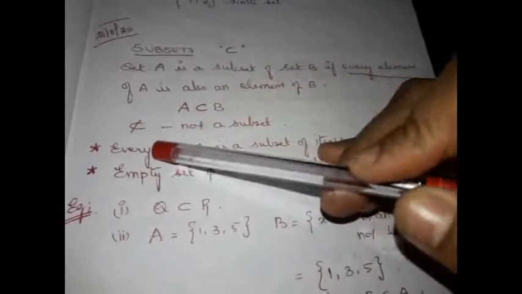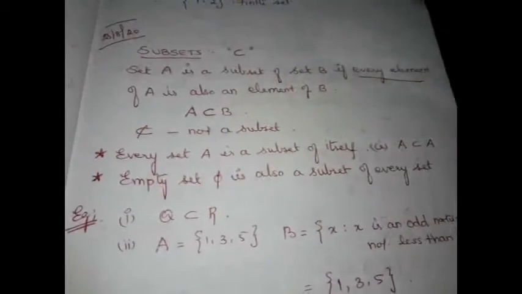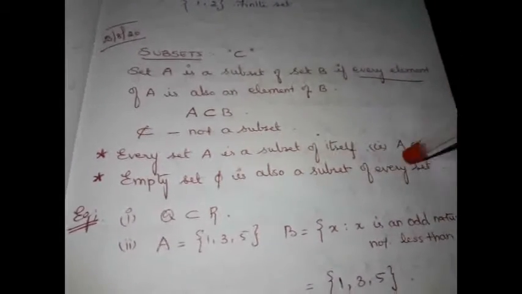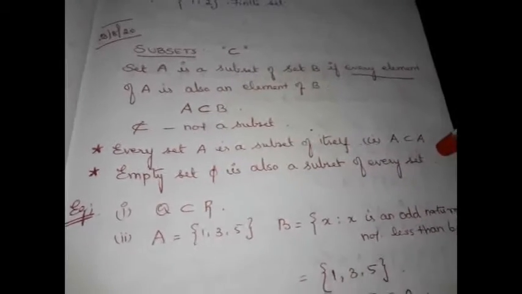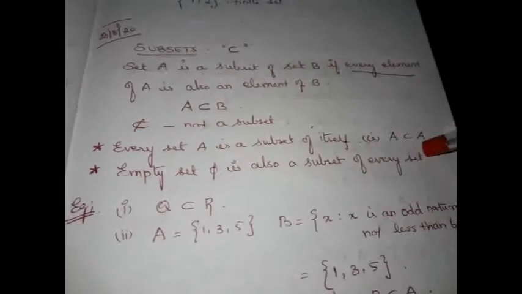And these two things you should remember. Every set is a subset of itself, and the empty set is also a subset of every set. So you may get a question where they give a set and ask you to list out all the subsets of that set.